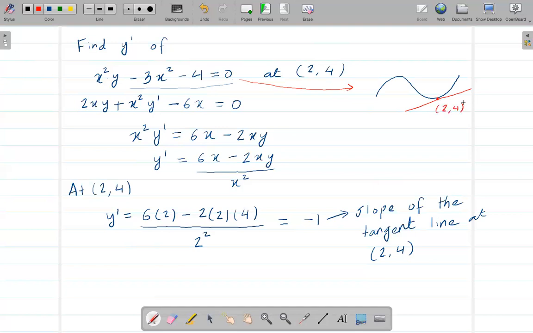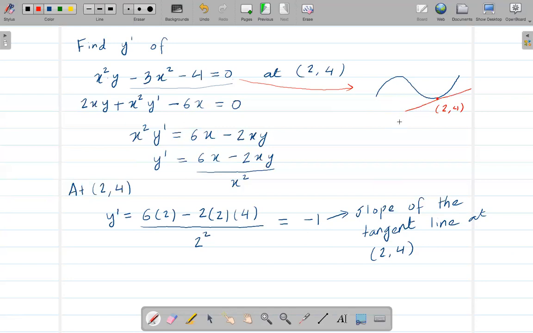right? And the slope, well, like I said, the derivative value is always the slope of the tangent line at a certain point, and here the point is given, which is 2, 4. So this is the slope at this point.